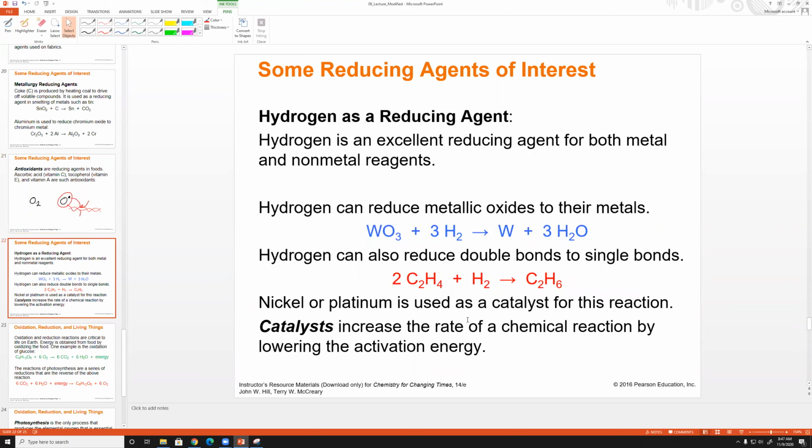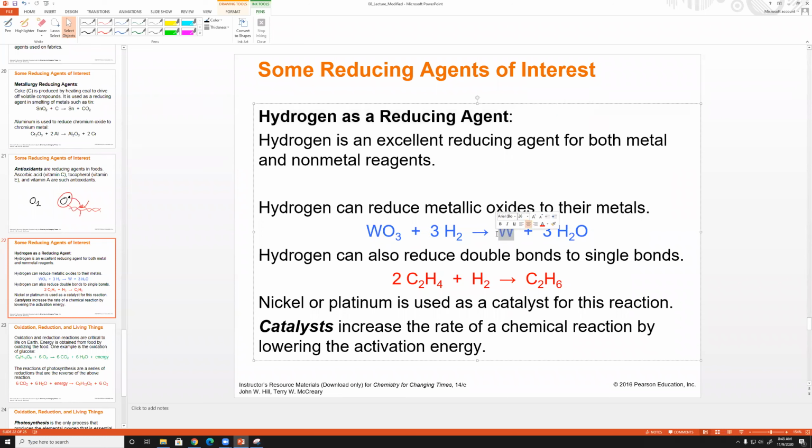So reducing agents, hydrogen is one of the best reducing agents, just similarly to how oxygen is one of the best oxidizing agents. So that makes sense. And it can be used for both metals and non-metals. In this case, it's tungsten oxide, and if you add hydrogen to tungsten oxide, you get tungsten.